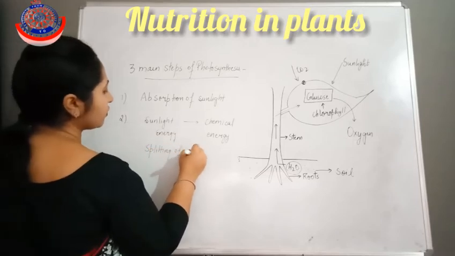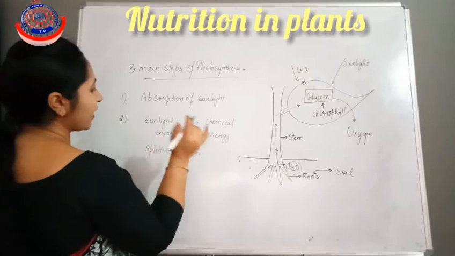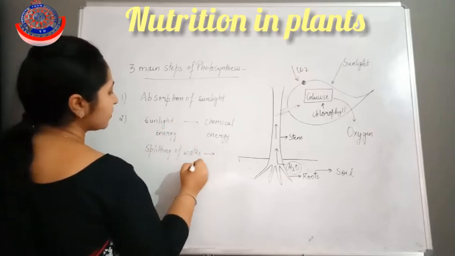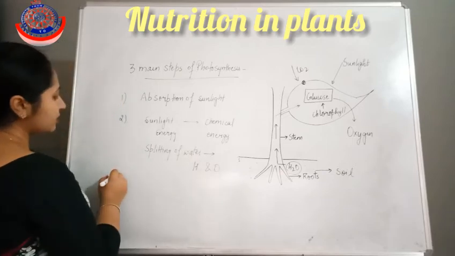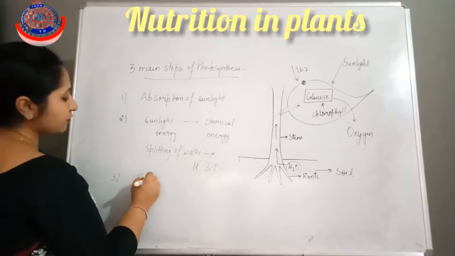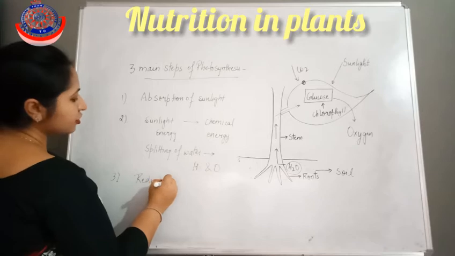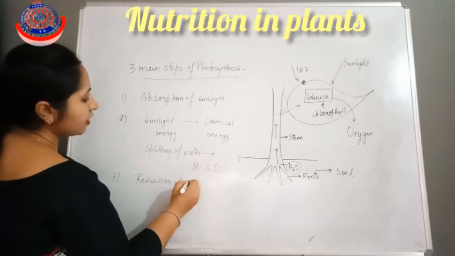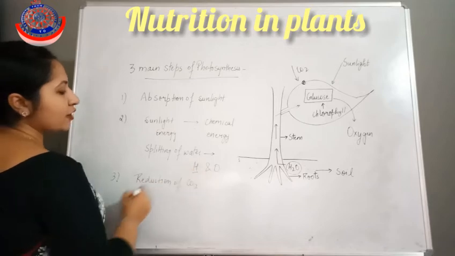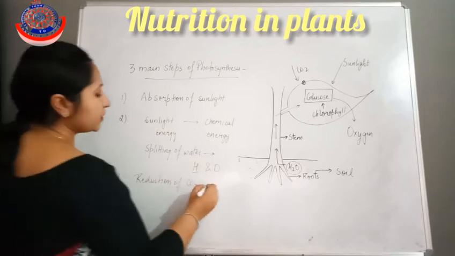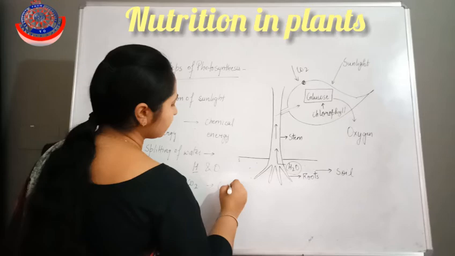Splitting of water molecules by the sunlight energy into hydrogen and oxygen. Now next is reduction of the carbon dioxide. Reduction of the carbon dioxide by the hydrogen molecules to form the carbohydrates.